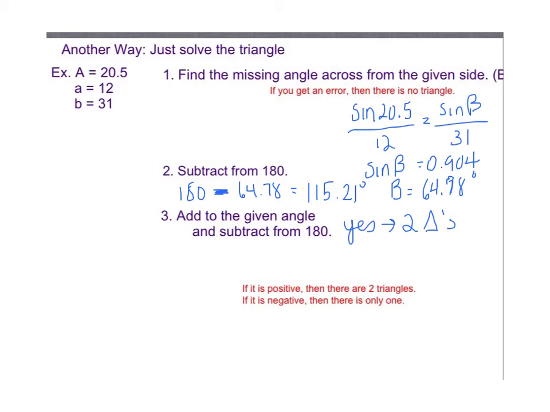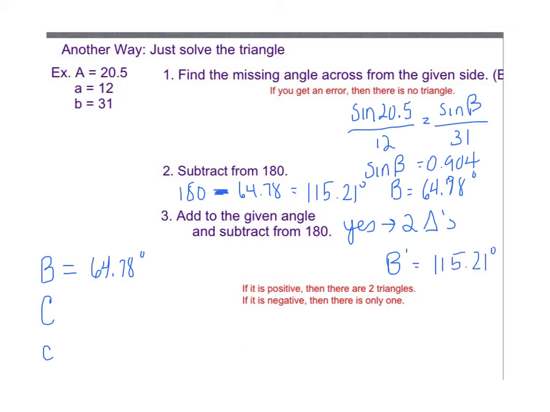The information that we're trying to find is we need to find B, angle C, and side C. So the first time that I calculated B, I got it to be 64.78 degrees. Remember that the two angles are related. So angle B in the second triangle is going to be 180 degrees minus the original, and that will be 115.21 degrees.